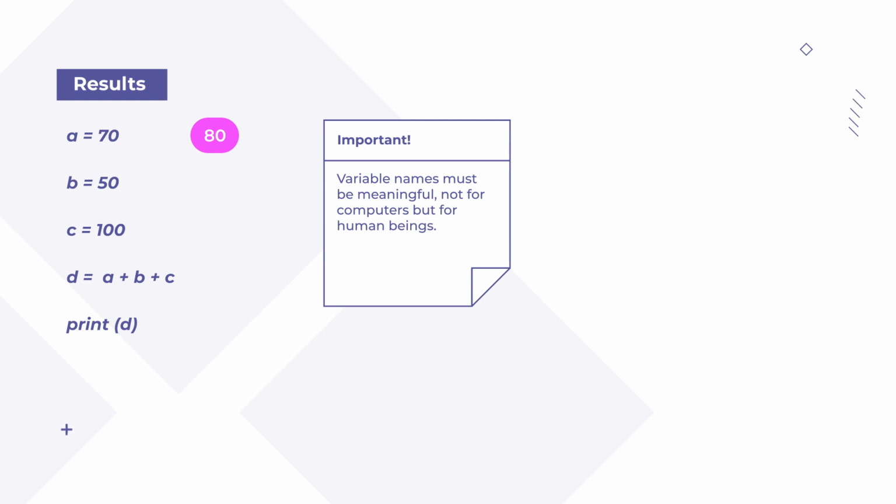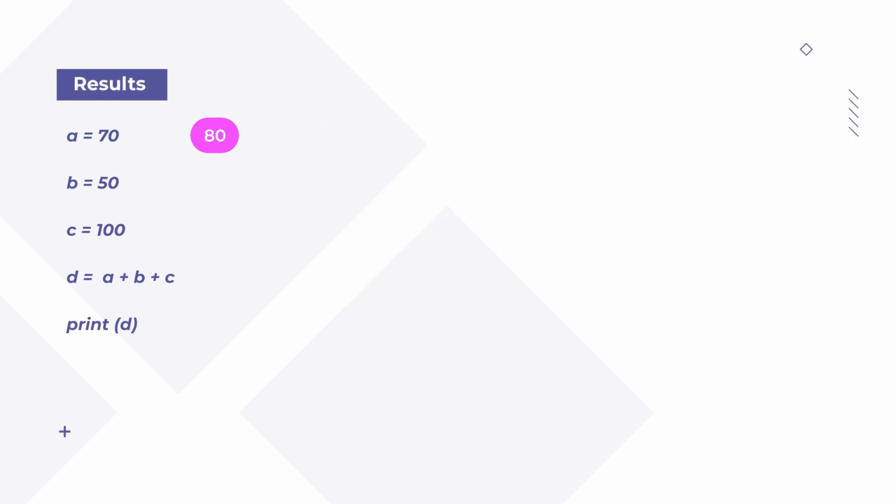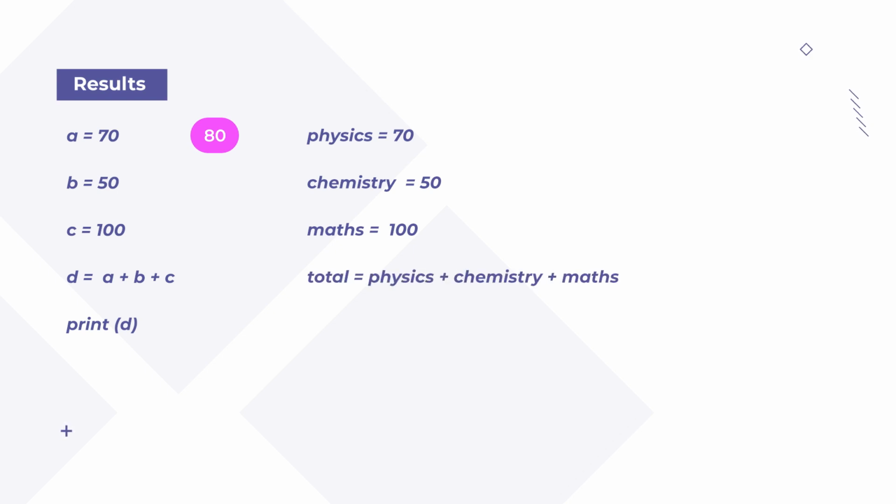So here I'm writing physics is equal to 70, chemistry is equal to 50, and maths is equal to 100, and then print total. When we run this program, what will the computer do? It will follow the first instruction and make a variable. What is a variable? A memory location. So it will reserve some space in the memory, give it a name physics, and store 70 there.